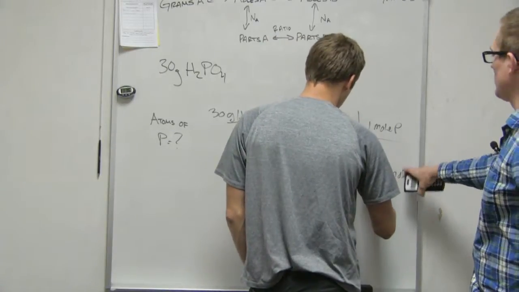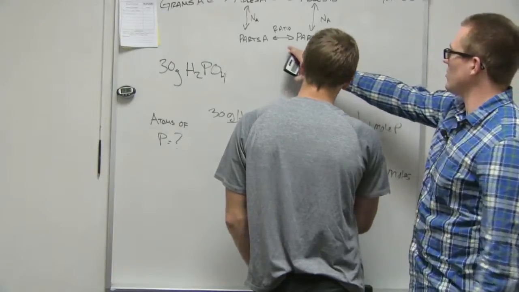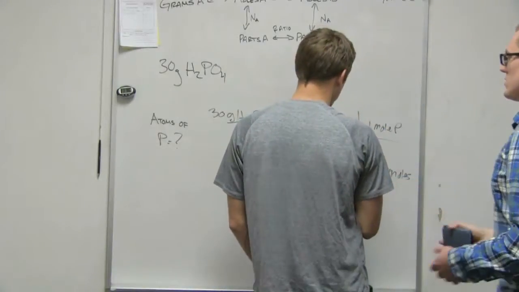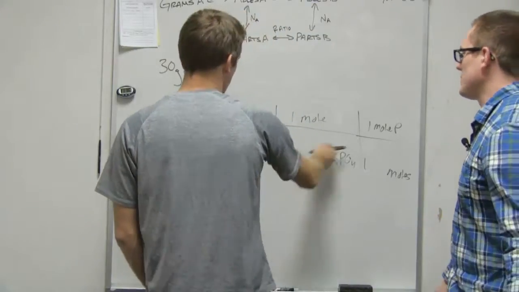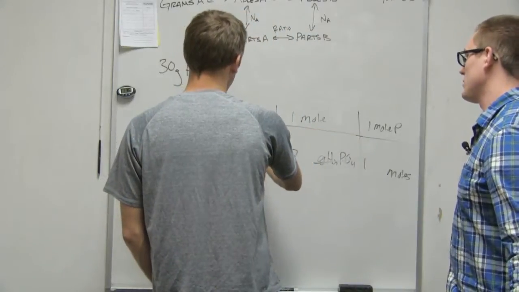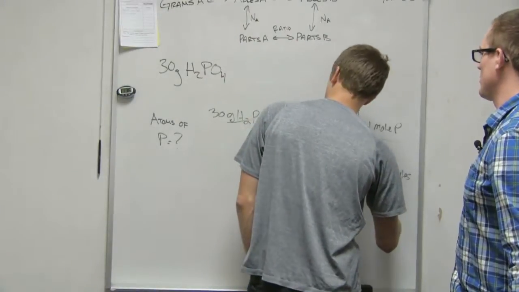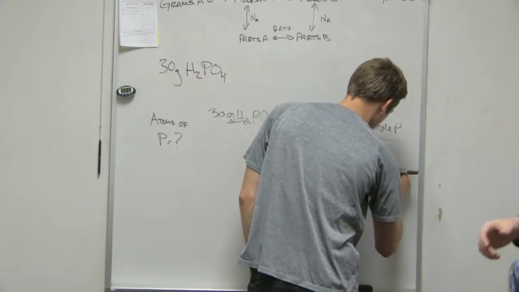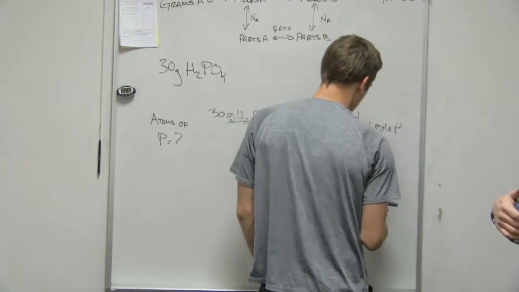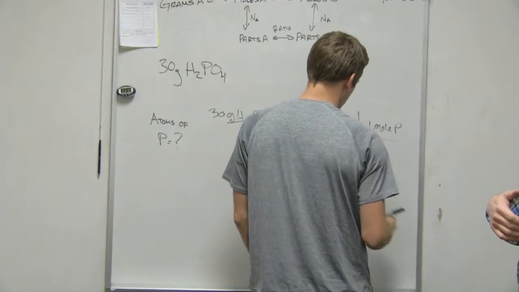Whatever these units are, you keep them the same so they can cancel each other out, because this is just a ratio that we're looking for. It's the stoichiometric ratio, just the numbers it's talking about. Or you could even say 1 atom per 1 molecule, however you want to define it.